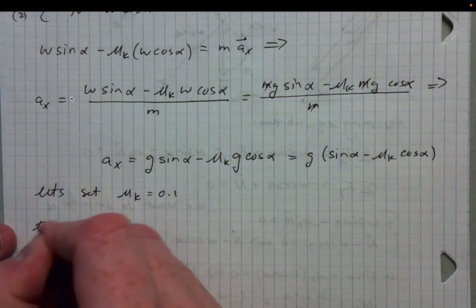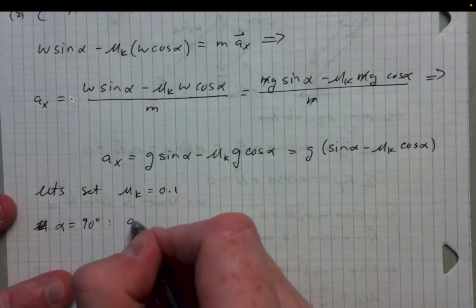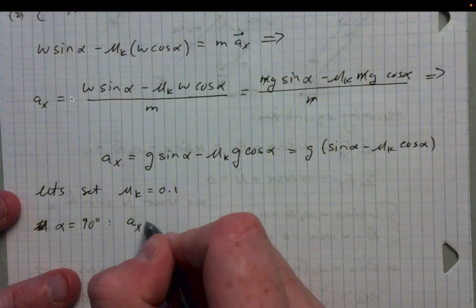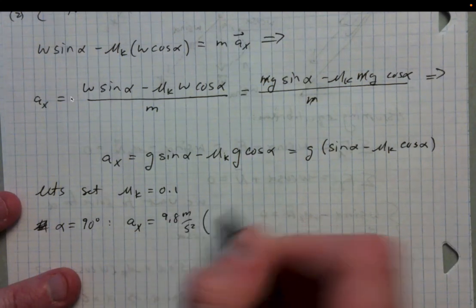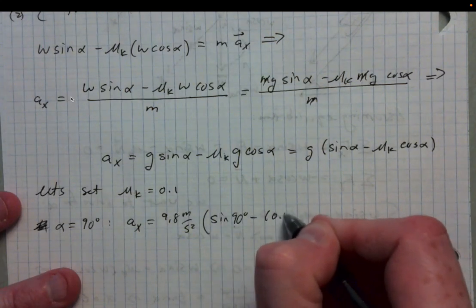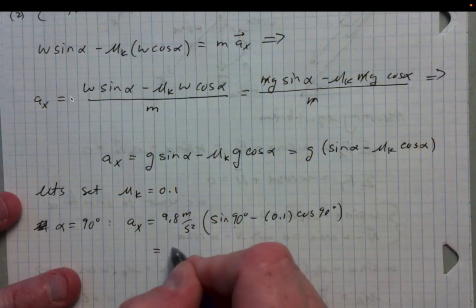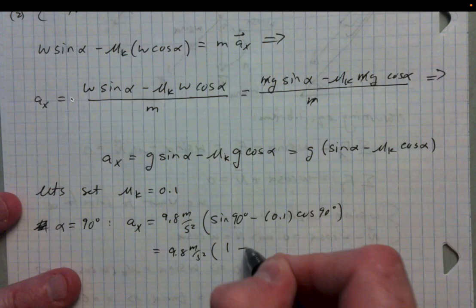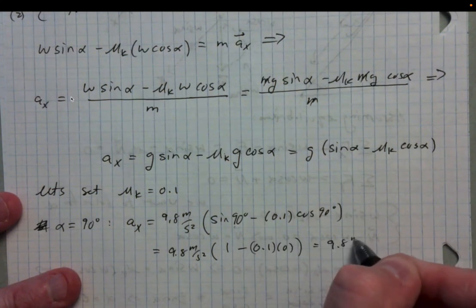Let's say alpha is equal to 90 degrees. What's the acceleration look like? Well, a sub x would be equal to 9.8 meters per second squared times sine of 90 degrees minus 0.1 times cosine of 90 degrees. And so that's 9.8 meters per second squared times 1, minus 0.1 times 0. So it's just 9.8 meters per second squared.